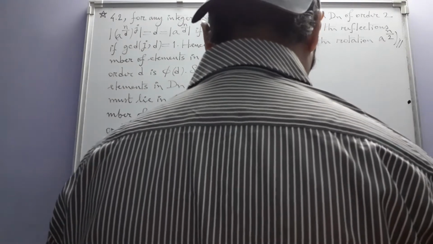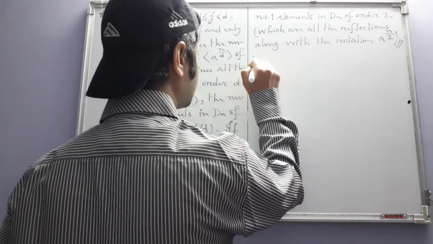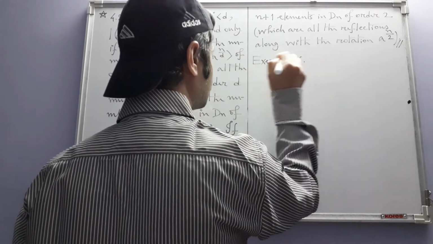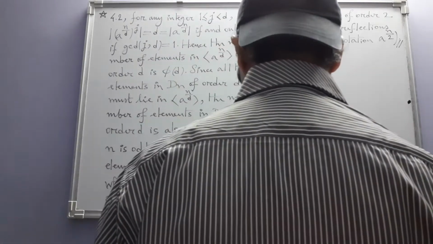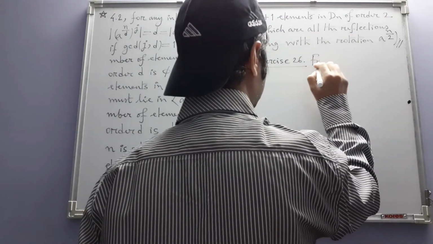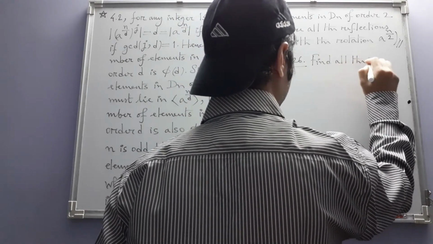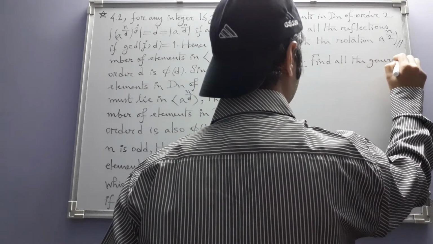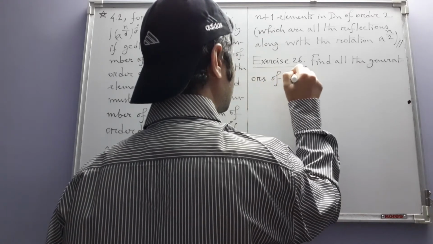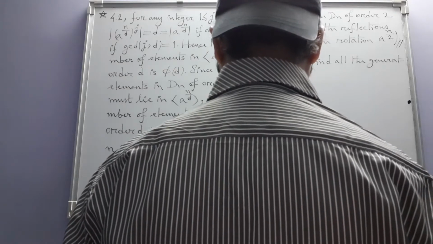Then 26. Find all the generators of the additive group of integers. Let A be a group element that has infinite order.